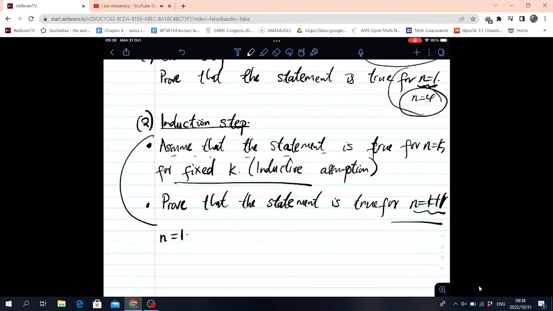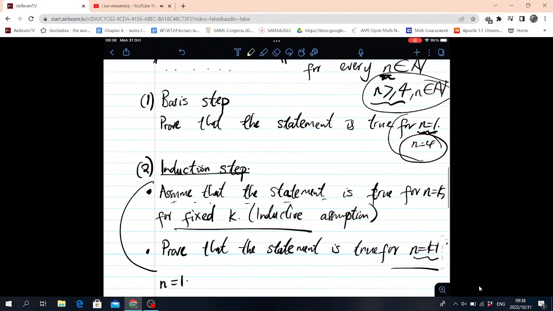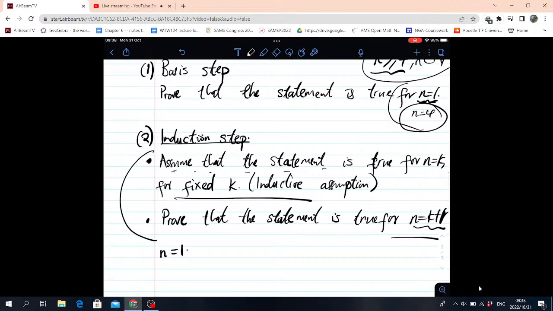So if it's true for n is equal to k, it's going to be true for n is equal to k plus 1. So for example, we know from the basis step that it is true for n is equal to 1, right? So this second step here is telling us that because we know it's true for n is equal to 1, that deals with this assumption, right?